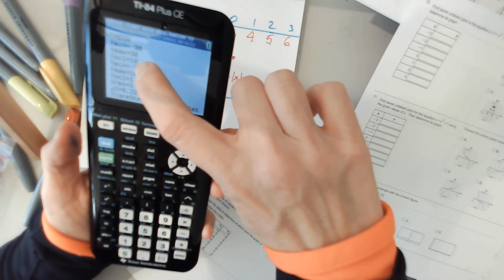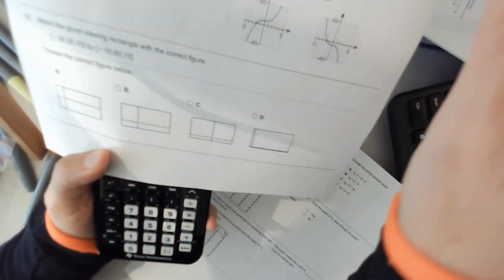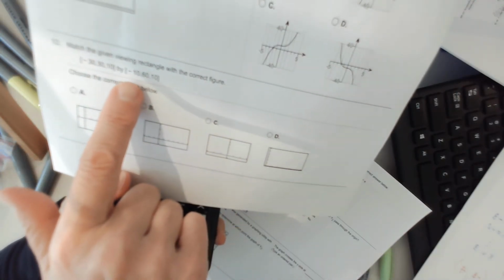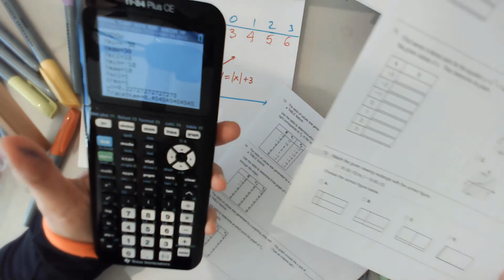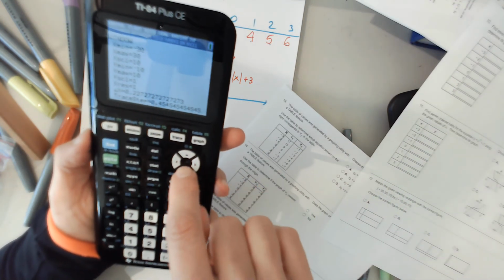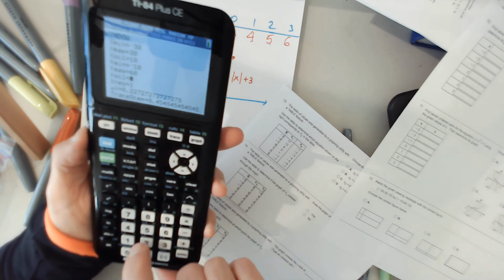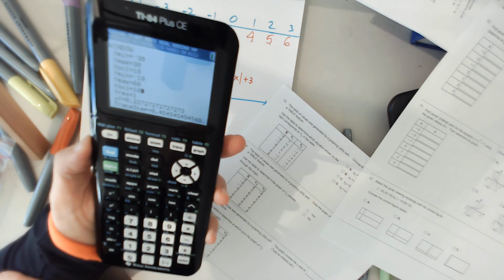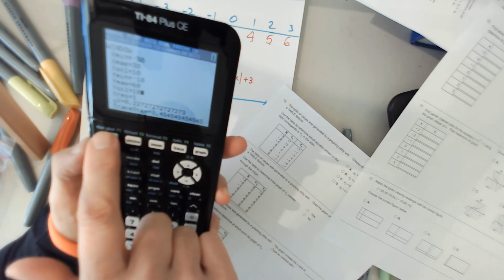-30, 30, 10. Now for the y values, the problem is saying -10, giving us -10, 60, and 10. So for y minimum, -10 is okay, +60 with a scale of 10. I'm going to put something so we can graph.